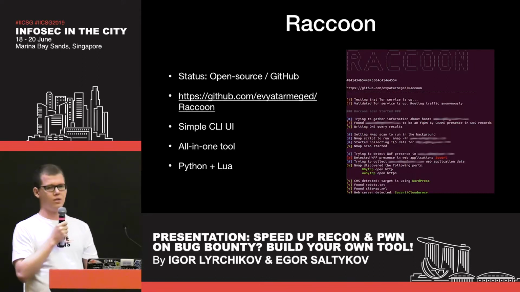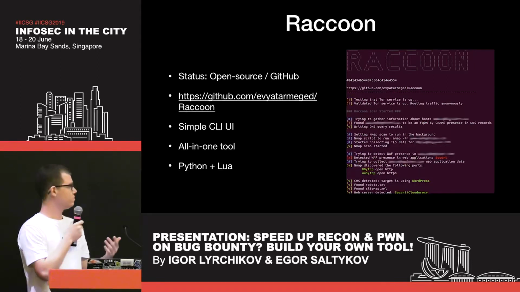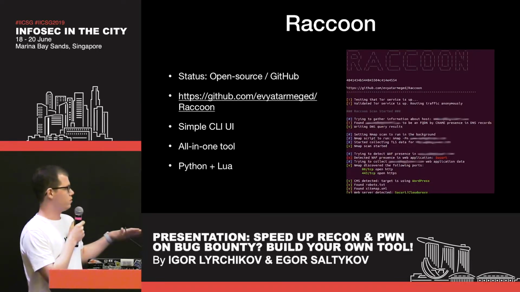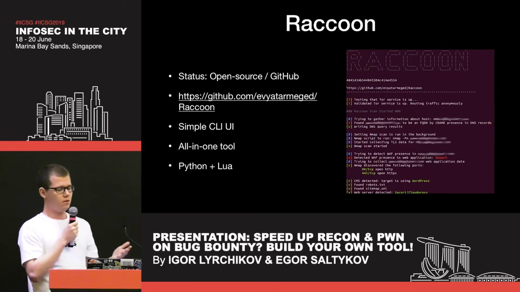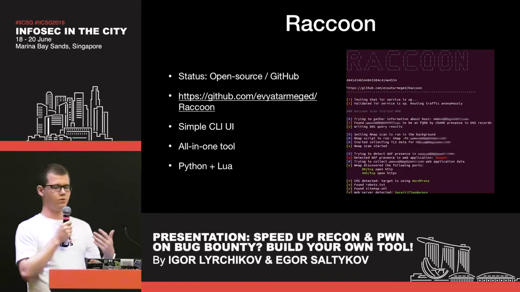So it's very good for initial checks of anything you want to check for the first time and save a lot of time. For example, if you found a new scope and want to make initial recon, you can launch it for the whole night, wake up and start working.